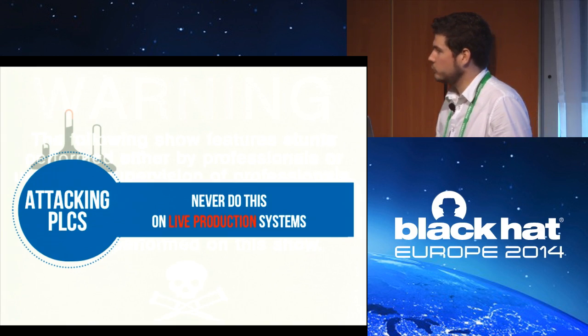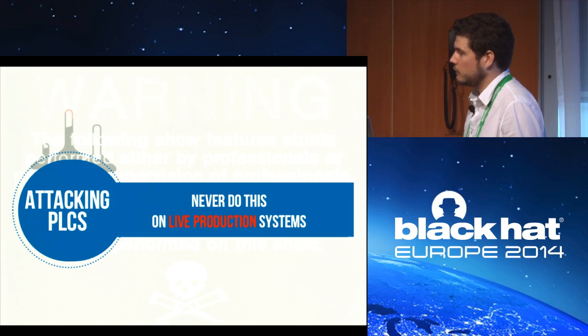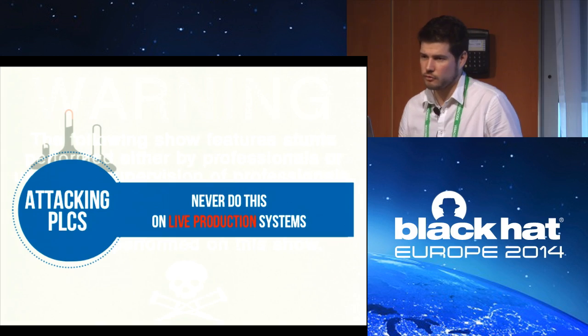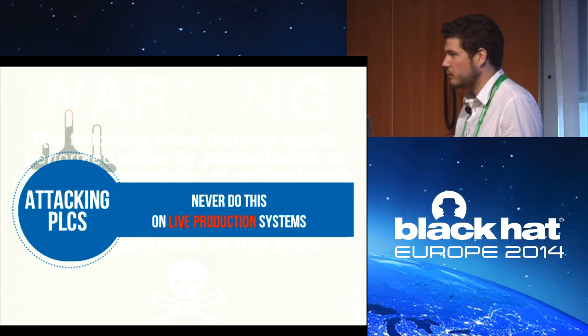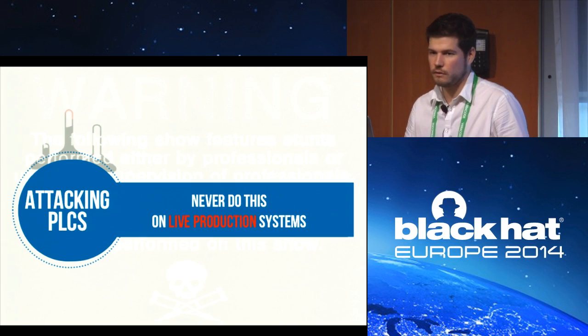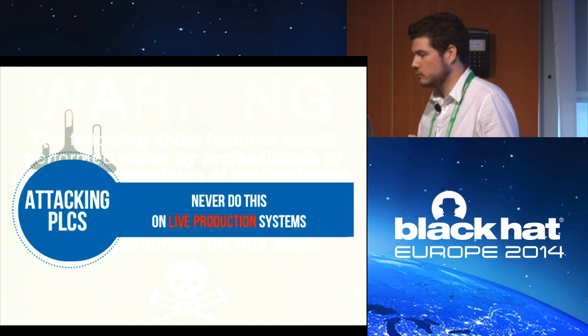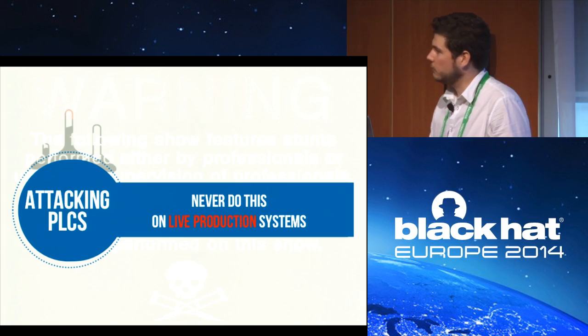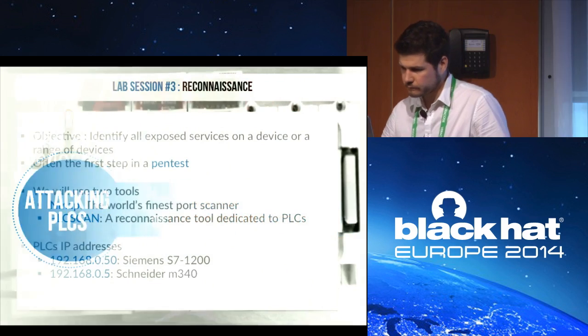Usually what you can do is try to do your test on a lab like this one, or you can try to do the test during a maintenance phase of a plant or a factory. In my experience, most factories shut down at least 1 week each year. So try to, I know it's difficult, but you can try to plan your test during this specific phase.